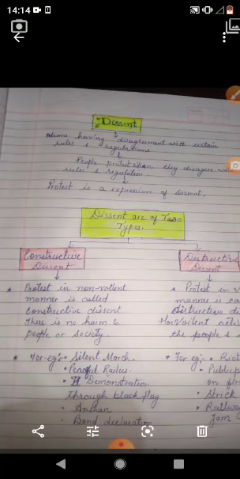For example, silent march, peaceful rally, then demonstration through black flags, bandh declaration, which is usually done in a silent manner, where people are there but in a controlled manner and they do not harm any of the people or public property.